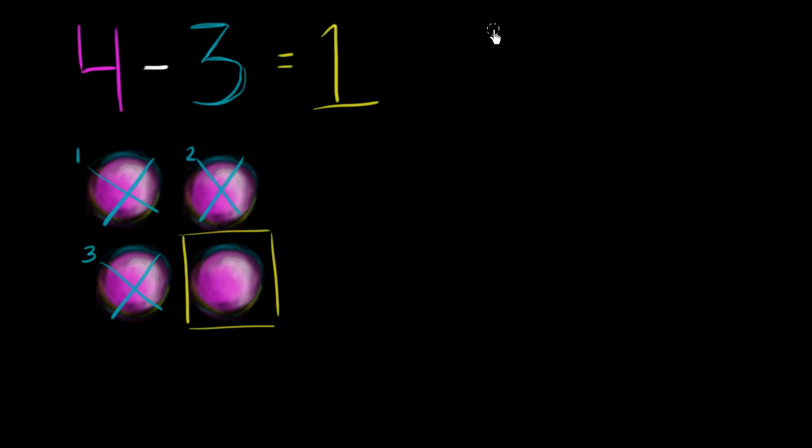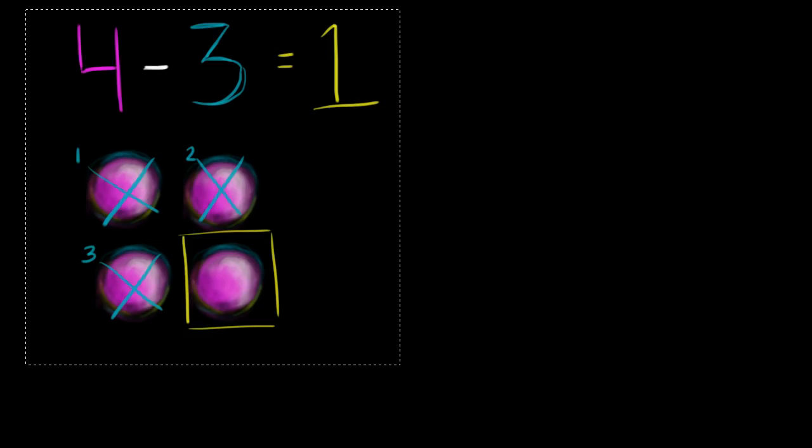Let's figure out what 5 minus 2 is. And let's write it this way. Let's say we want to figure out something, some question mark. Actually, let me just clear this out. So I'll just do it right over here.